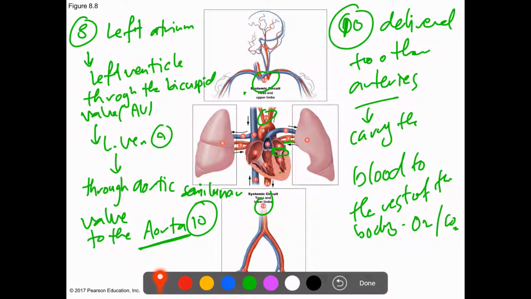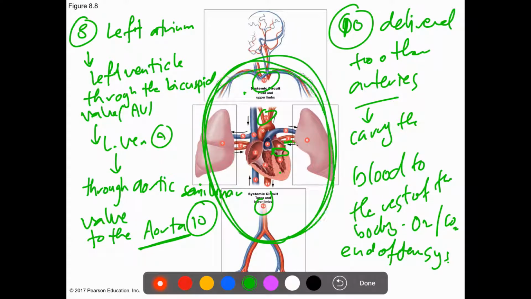So this would mark the end of the systemic circuit. And technically it's not the end because it's continuous, it's a circuit. So it is continuous, the blood keeps running all through these systems or through these blood vessels at all times.